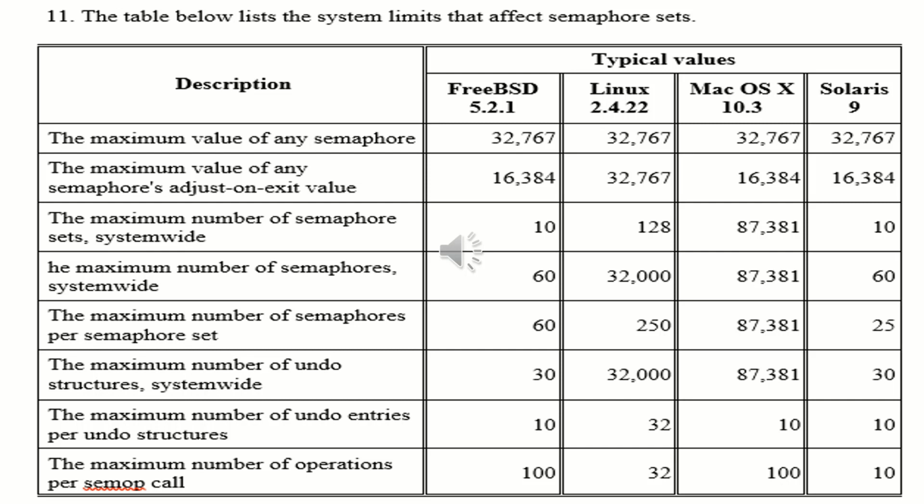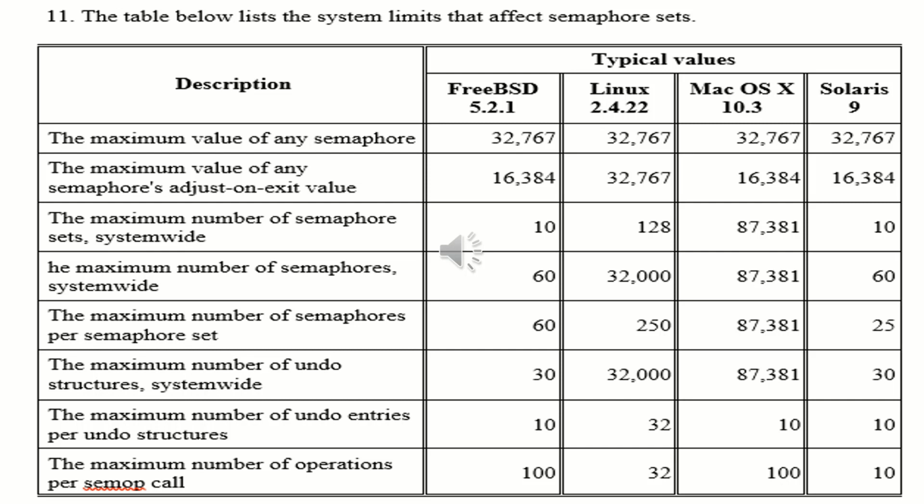The maximum number of undo structures system wide: 30 for BSD and 32,000 for Linux, 87,381 for Mac OS, and Solaris is 30. The maximum number of undo entries per undo structure: 10 for BSD, 32 for Linux, 10 for Mac OS, and 10 for Solaris.